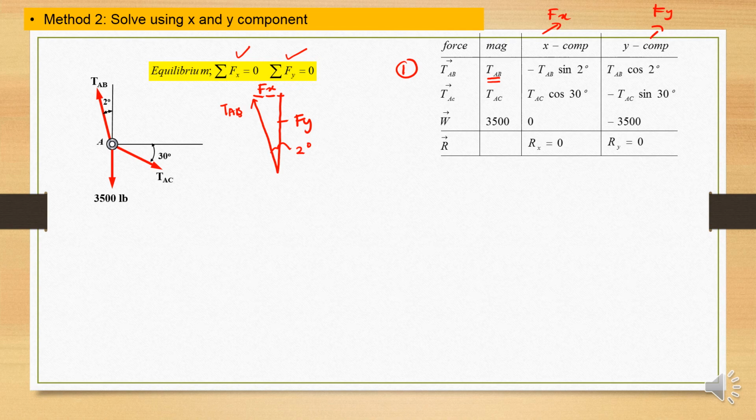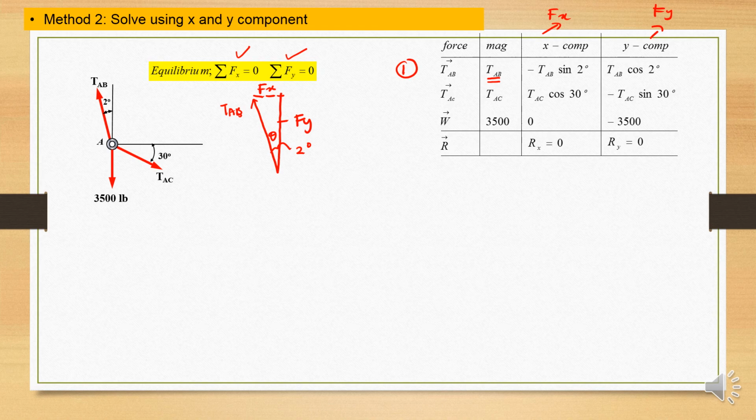By referring to this theta, the Fx for the TAB can be obtained by multiplying TAB with sine 2 degree. The same goes for Fy, which is TAB times cos, because the Fy is located on the adjacent part.